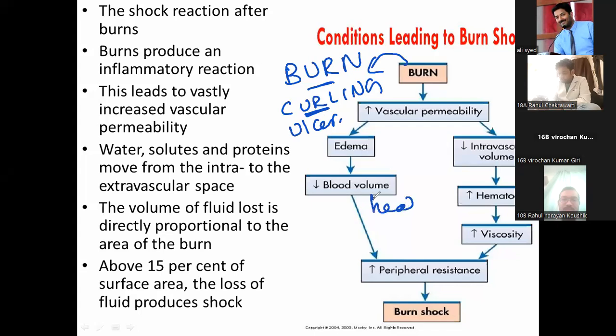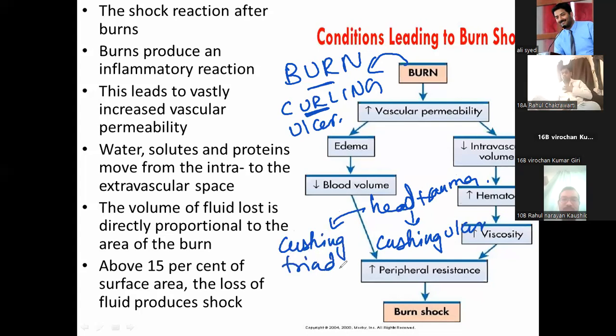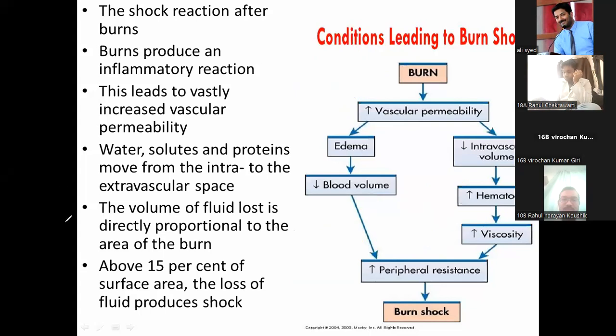Head trauma is going to make Cushing ulcers in the patient. After head trauma, you have Cushing's triad. Cushing's triad shows you that the patient is having increased intracranial pressure. So Cushing's triad will lead to Cushing ulcers. Okay, so this is how you can remember it. This is the pathophysiology of the burn.